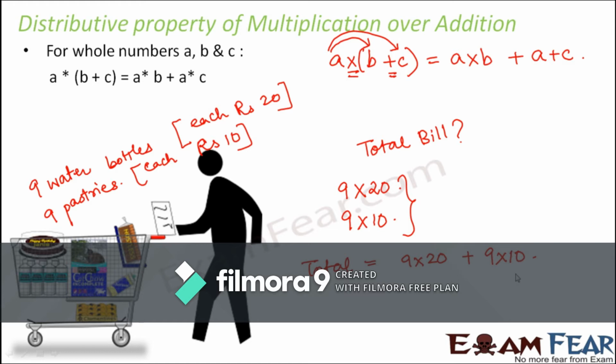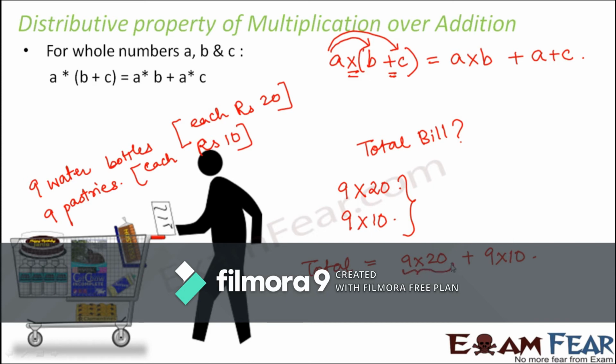Now here I have taken smaller numbers, but sometimes these numbers might be complicated. Instead of 9 bottles, you might have purchased 91 bottles. Instead of the cost of one bottle being 20, the cost can be 29. So in that case, you will have to multiply 91 into 29, which will make things complicated. So what you can do here is make use of the distributive property.